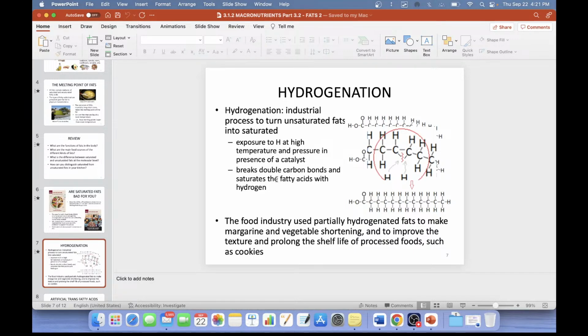On which everyone agrees that they are bad for you. These are called the trans fats. And before we can understand what trans fats are, we have to understand the process of hydrogenation. What's the process of hydrogenation? It's an industrial process by which unsaturated fats are turned into saturated fats.